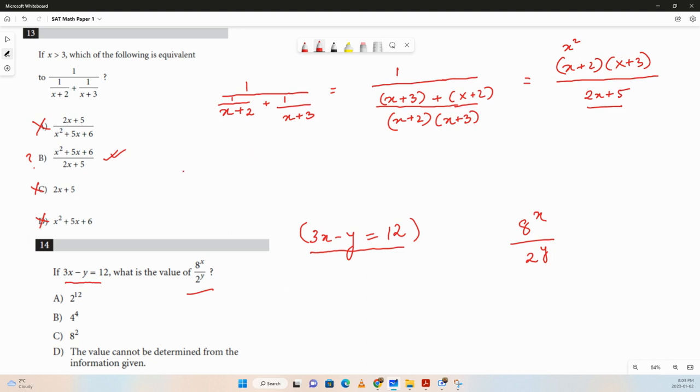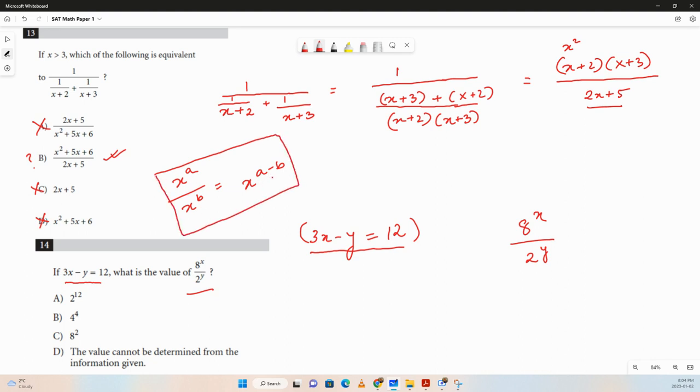So let's look at a few exponent rules, right? If we have, let's say, x to the power of a over x to the power of b, we can write it as x to the power of a minus b. Okay, so this is important.